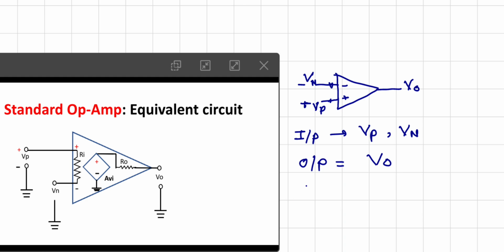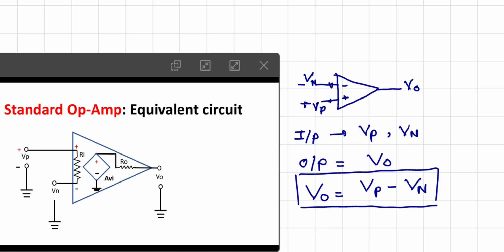So how much is the output? Remember that Vo is equal to Vp minus Vn. That is, Vo, the output voltage, is basically the difference between the non-inverting terminal and the inverting terminal. First remember that.